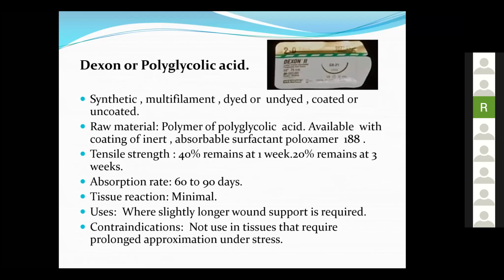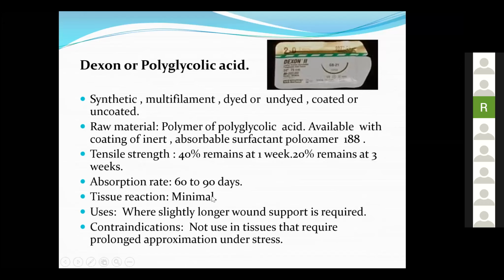Another suture material is polyglycolic acid, Dexon. It is the same kind of multifilament synthetic. It again can be dyed, undyed, coated, uncoated. Its tensile strength is also there for about 2 to 3 weeks.